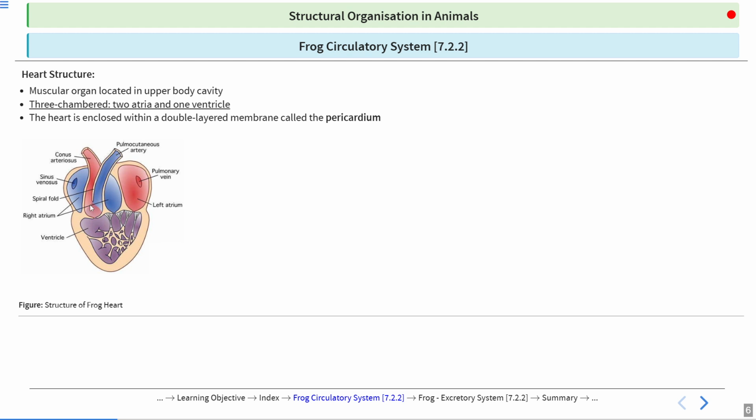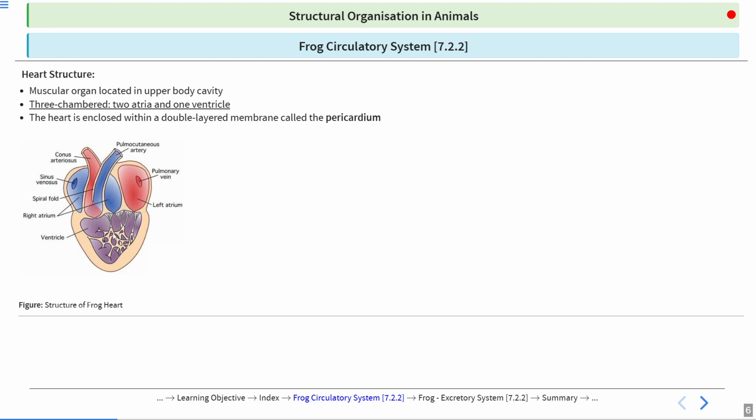Now from the atrium, it goes to the ventricle, and from the ventricle, it is transported via the pulmonary artery to the lungs to get purified. Once it gets purified in the lung, the blood comes to the right atrium through the pulmonary vein, and this pure blood goes to the lower ventricle.